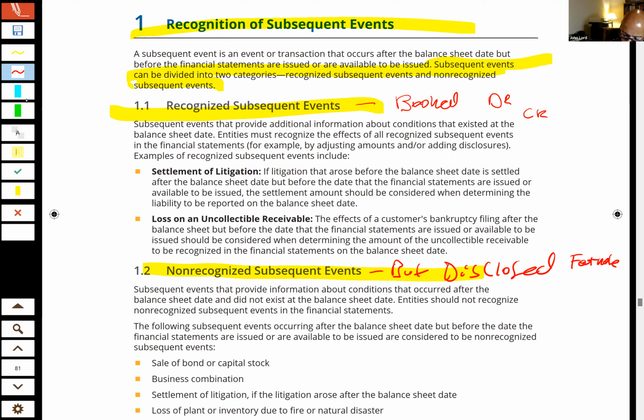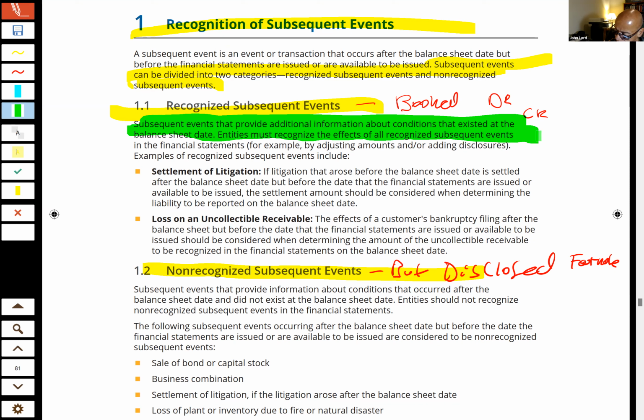Okay. Now let's take a look at the two types and understand what the nature of them are. Okay, and they actually give us some examples down here too. Subsequent events that provide additional information about conditions that existed at the balance sheet date. Entities must recognize the effect of all subsequent events in the financial statements. Okay, so you take a look. Example of recognized events: settlement of a litigation.